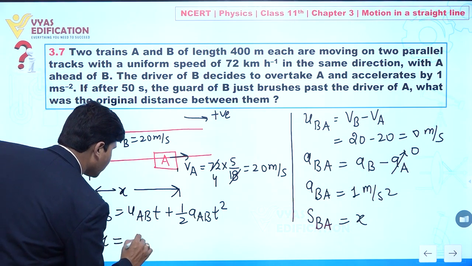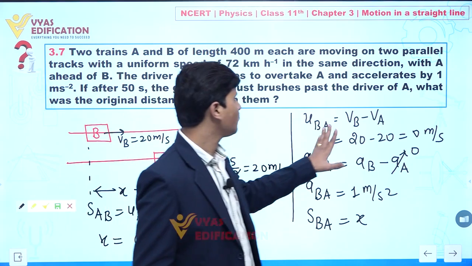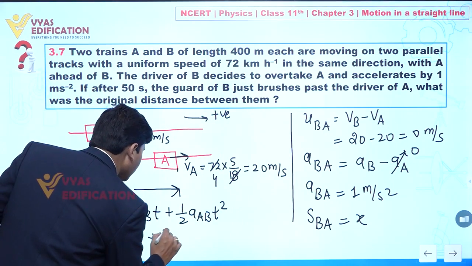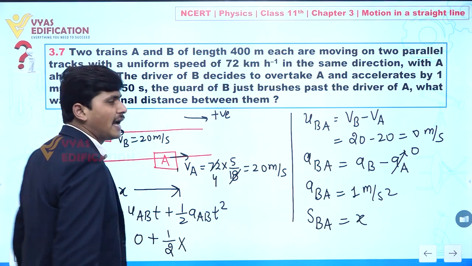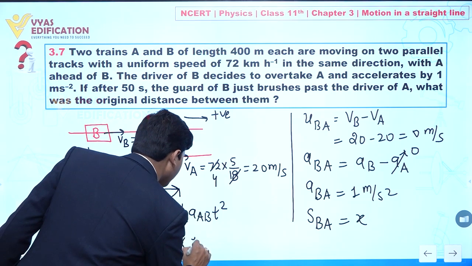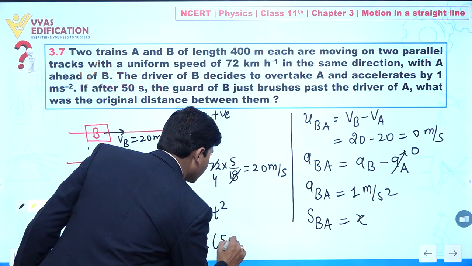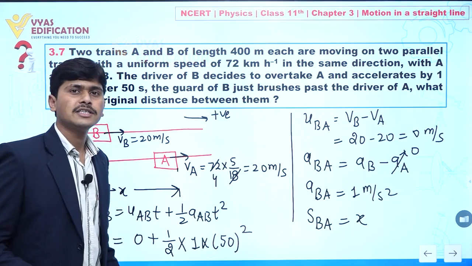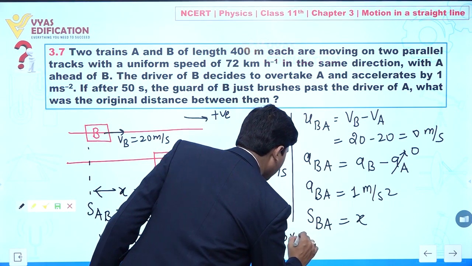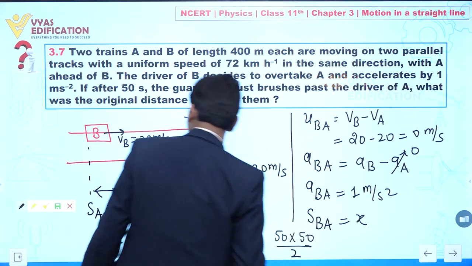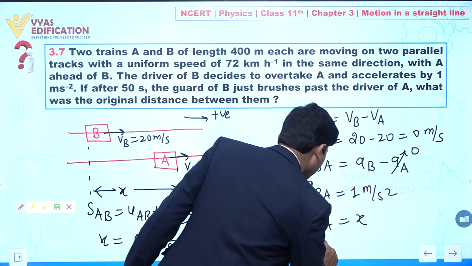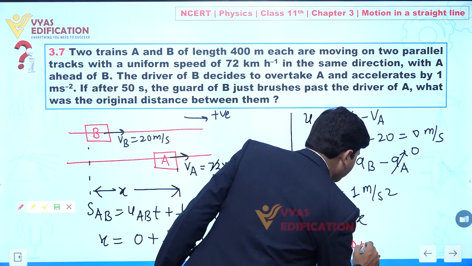So x equals 0, because the relative velocity is given as 0, plus 1 by 2 into the acceleration, which we have already calculated as 1, and t is 50 seconds, so 50 square. From here, 50 into 50 divided by 2. Clear to everyone? So this equals 1250 meter.